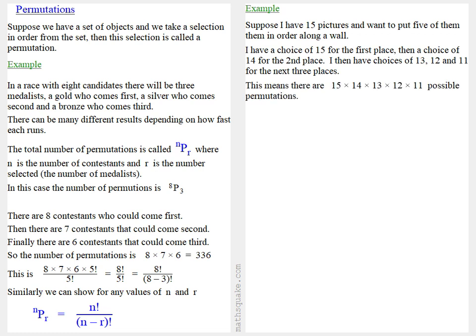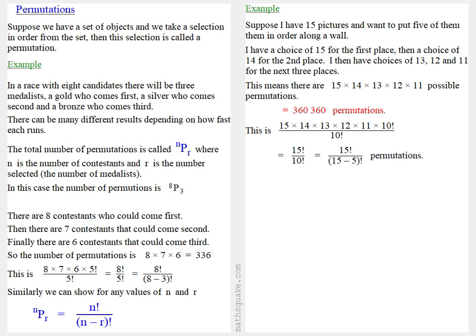This means there are 15 times 14 times 13 times 12 times 11 possible permutations, which is 360,360 permutations. Now this could be written as 15 times 14 times 13 times 12 times 11 times 10 factorial all over 10 factorial, which is 15 factorial over 10 factorial, or 15 factorial over (15 minus 5) factorial permutations.